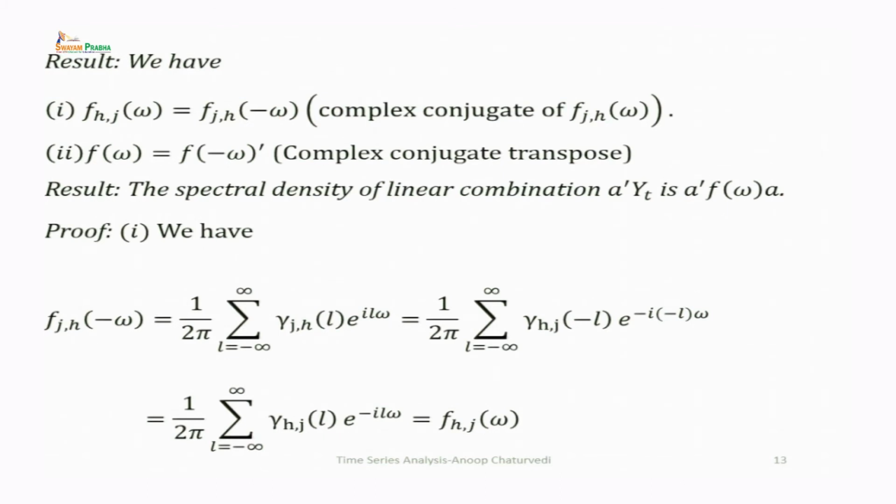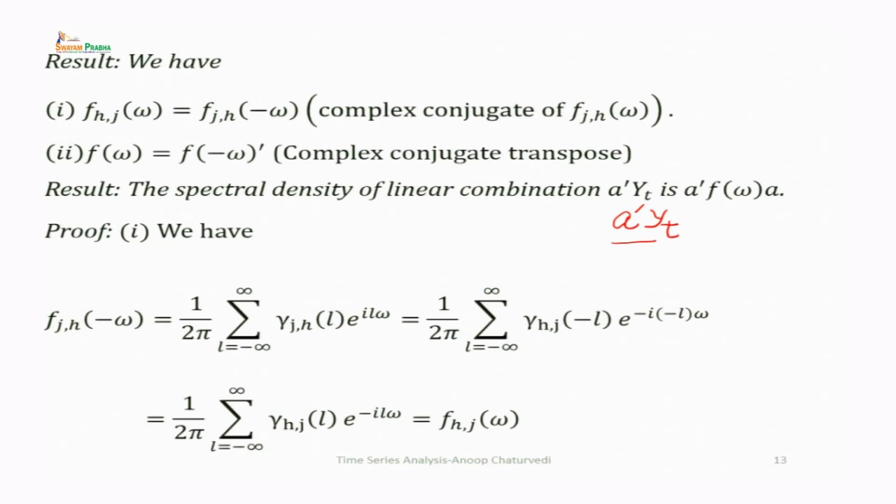Then to prove this result, the spectral density of the linear combination A transpose y t is A transpose f omega A. You simply obtain the autocovariances of A transpose y t, and using those autocovariances you can easily obtain the expression for the spectral density of this linear combination.